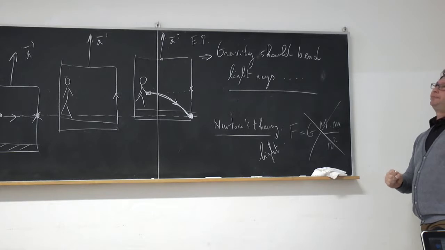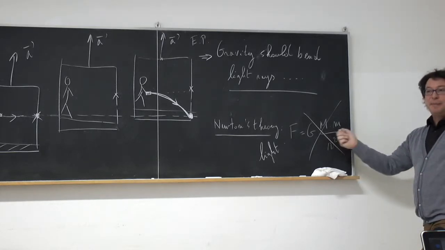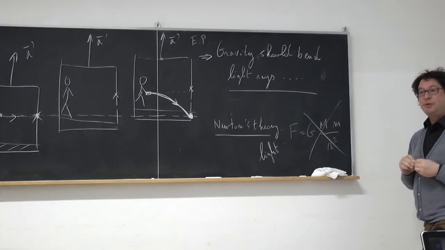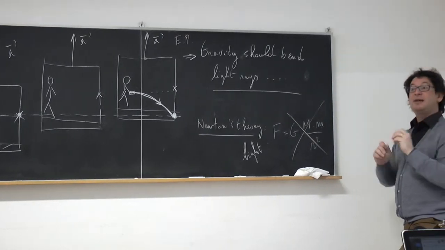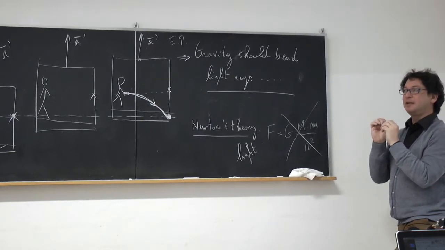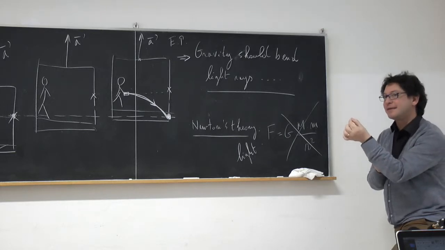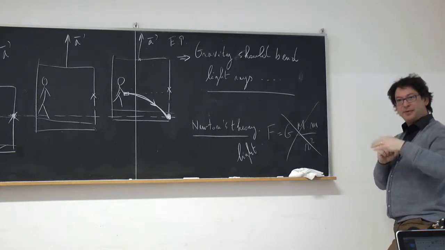You probably remember that Newton's idea about light was that light was a flux of tiny, fast-moving little particles which have a mass. That's true.